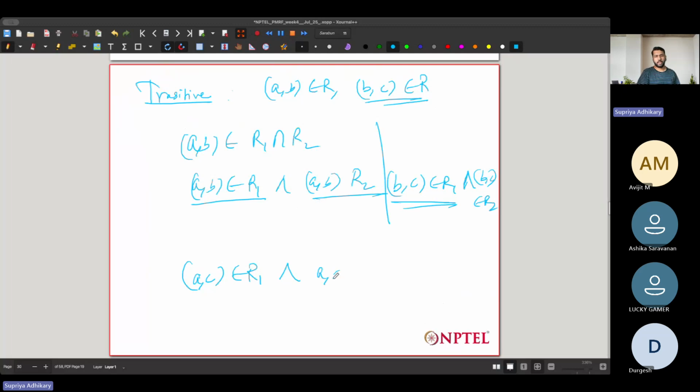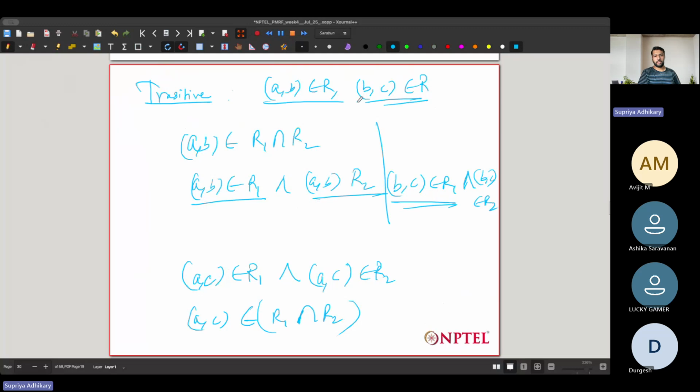That should give us AC belongs to R2. So this gives us AC belongs to R1 intersection R2.